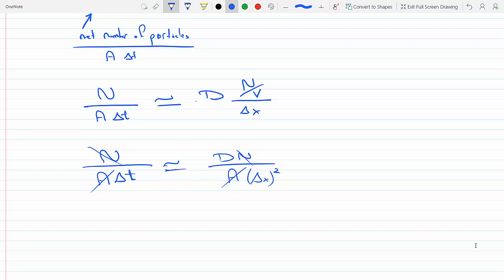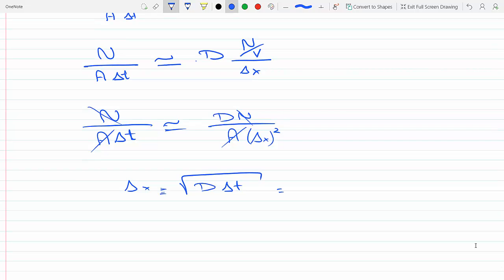By the way, I'm using changes, delta x, instead of differentials, just because this is an approximation. So this gives delta x equal to D times delta t, and then take the square root.